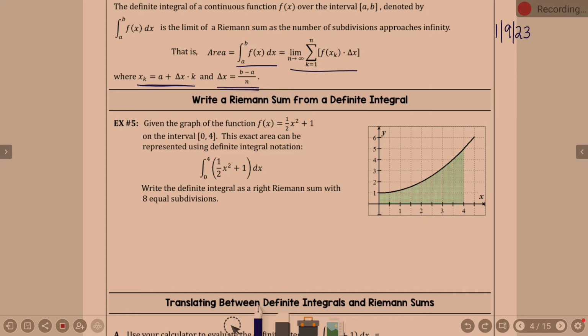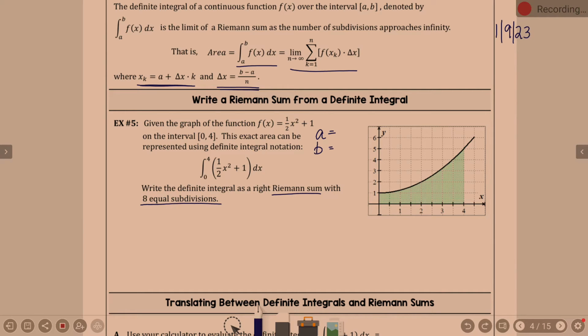We'll talk about that down at the bottom there. But right now, how do we write it as a Riemann sum with 8 equal subdivisions? So how do we write it in this form, where it's the limit as n approaches infinity of a summation?